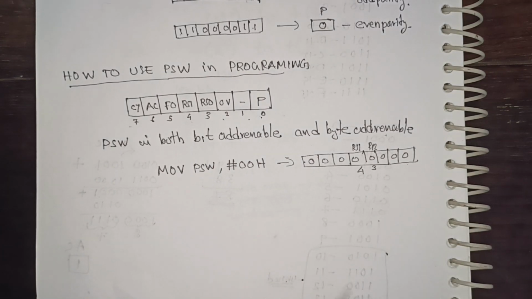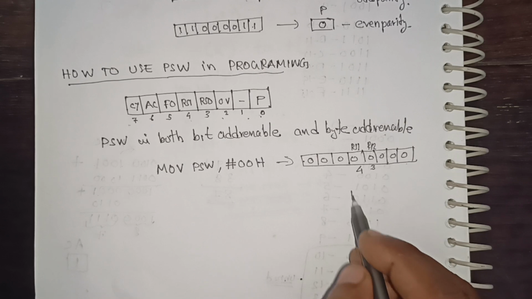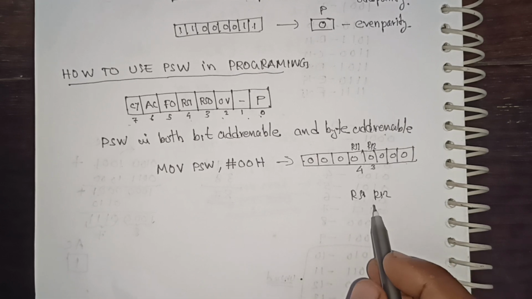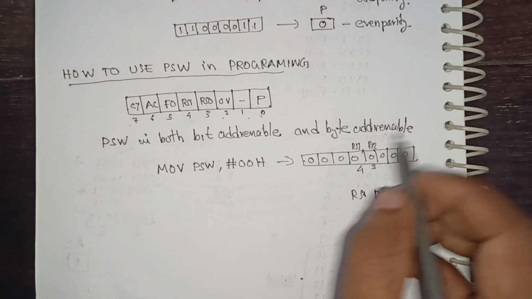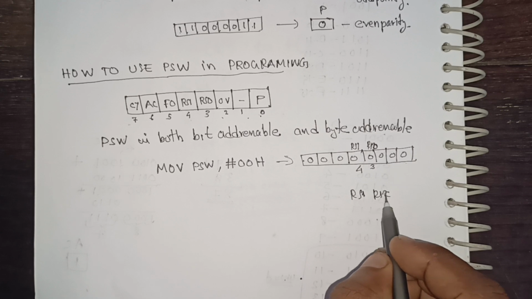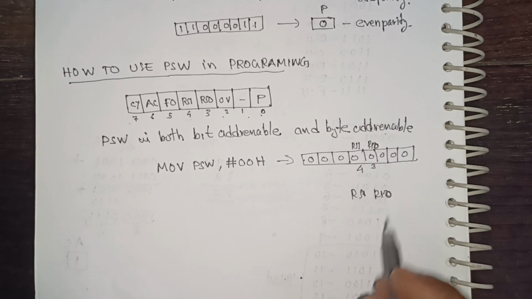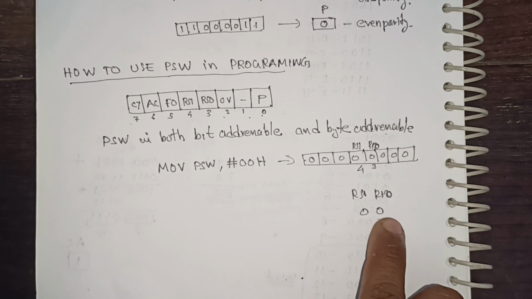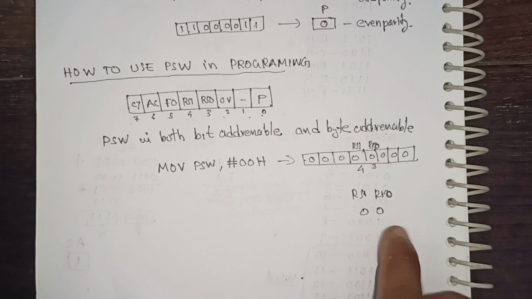So the value is 0, 0, right? 0, 0 means, as we have already seen at the start of the lecture, bank 0 is selected.